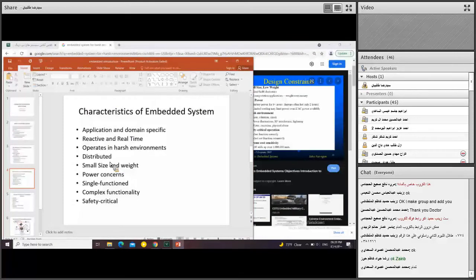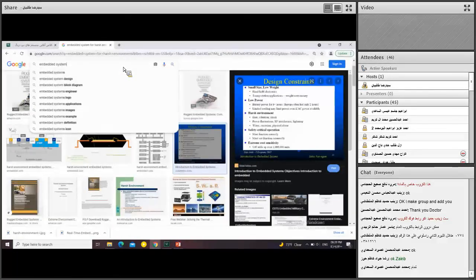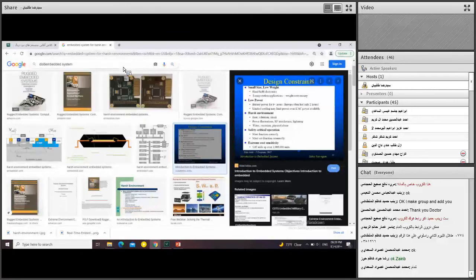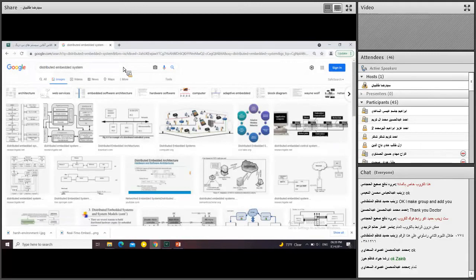Okay. Another thing is about distributed embedded systems. What is a distributed embedded system? Distributed embedded system.